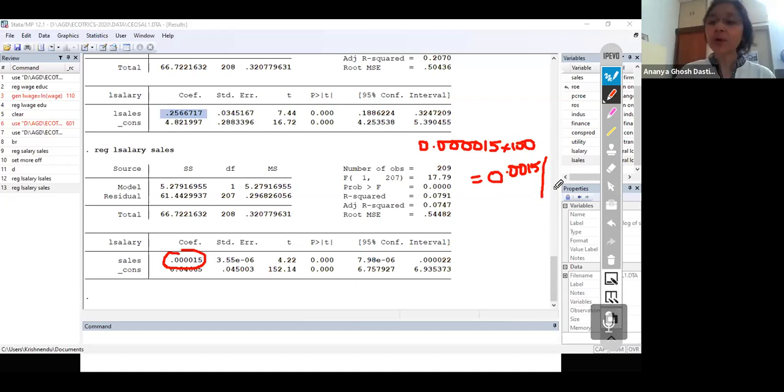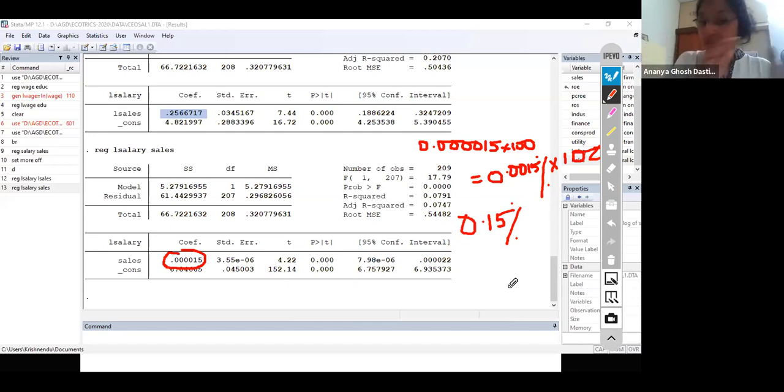So a unit change, a $1 million sales increase, will lead to a 0.0015% increase in CEO salaries. For a $100 million increase in sales, you multiply this by another 100, so I will get a 0.15% increase in CEO salaries with a $100 million increase in sales.